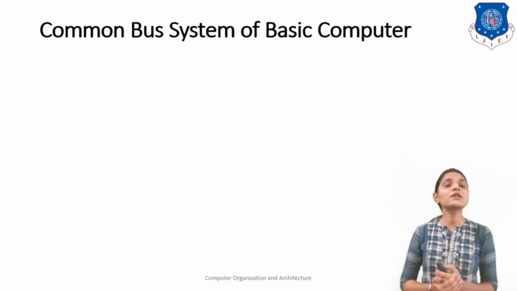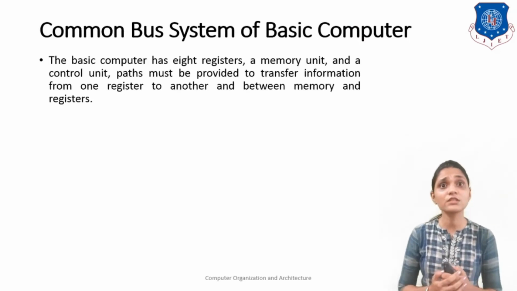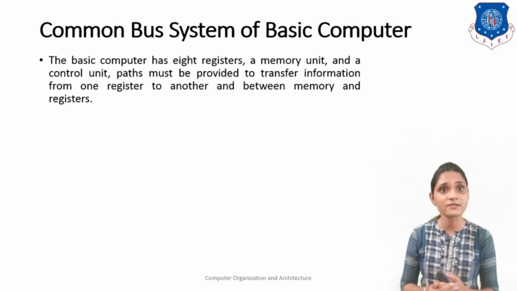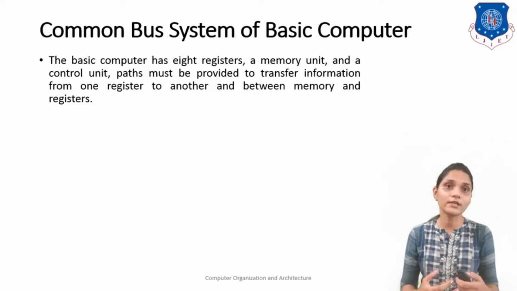Next we will see the common bus system for this basic computer. As we know, this basic computer has 8 registers, a memory unit and a control unit. So paths must be provided to transfer information from one register to another register and between memory and the registers.